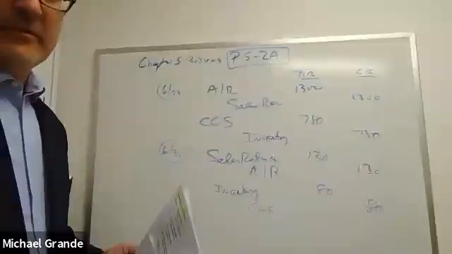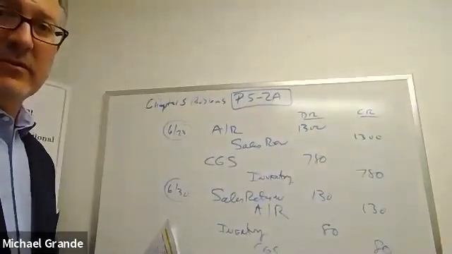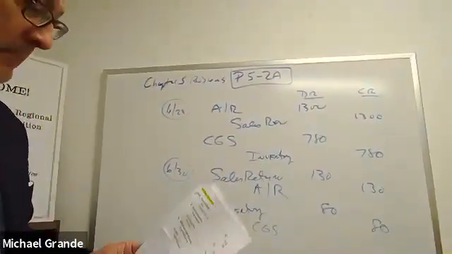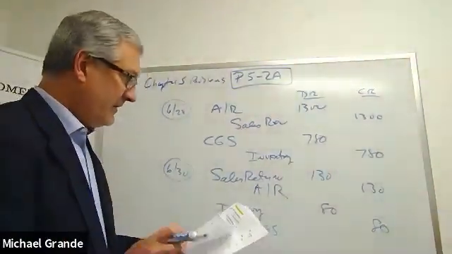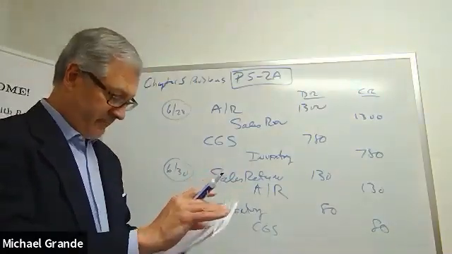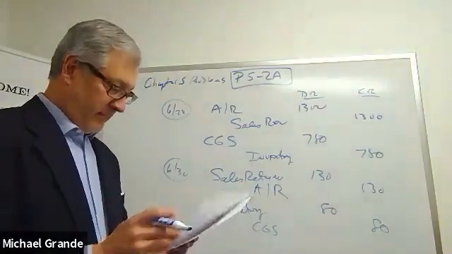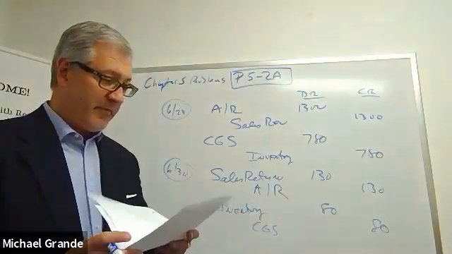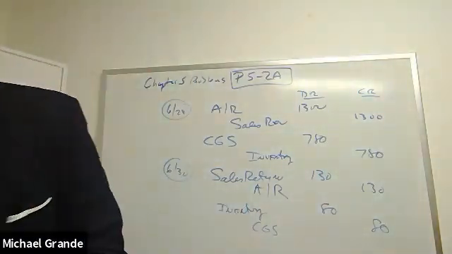Okay, I know you can't quite see that, it's a little off. So those are the journal entries. It asked you to journalize for the month. That's problem 5-2A.